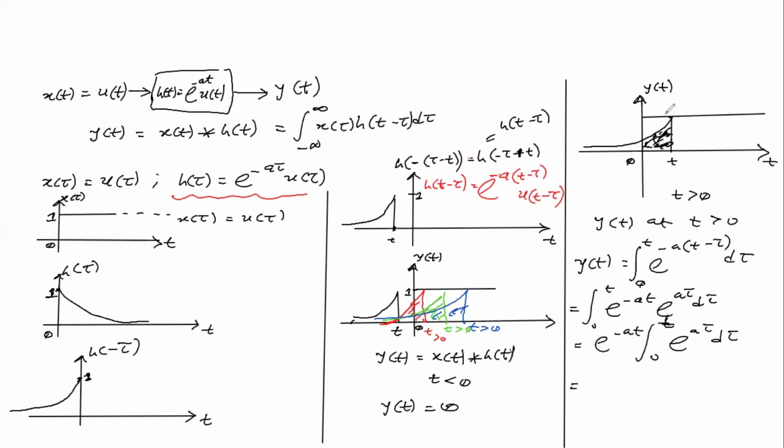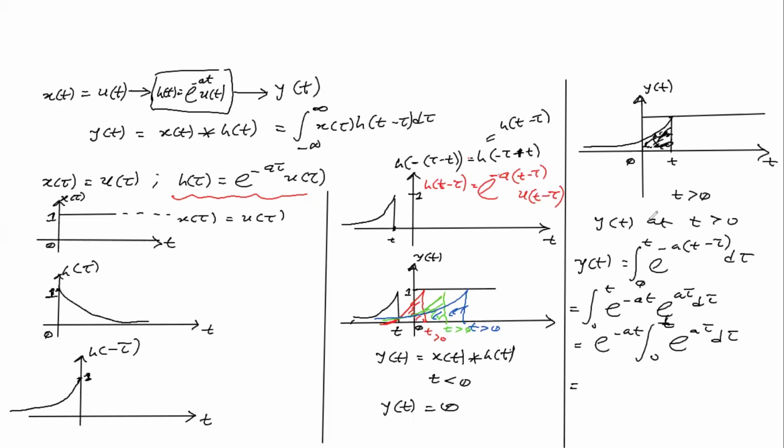So u tau has been taken care of. It multiplies this signal. That's why we now have a limit of 0 to t, right? We are supposed to have values from negative t to positive t. But because of the u tau, the unit impulse response, it knocks off the negative, so it changes our limit, and we now have 0 to t.